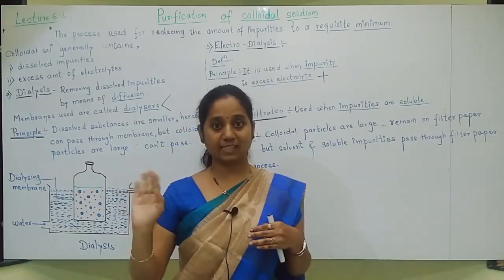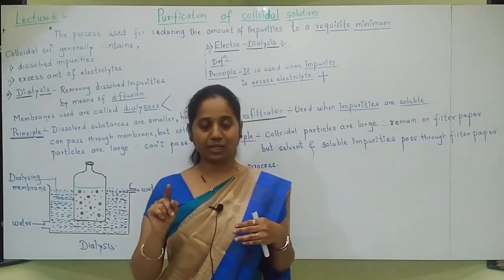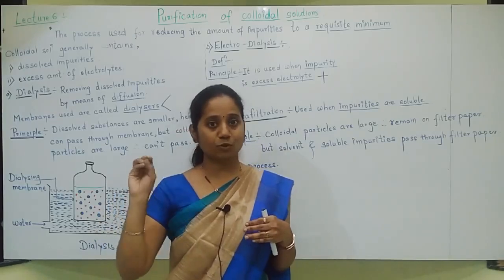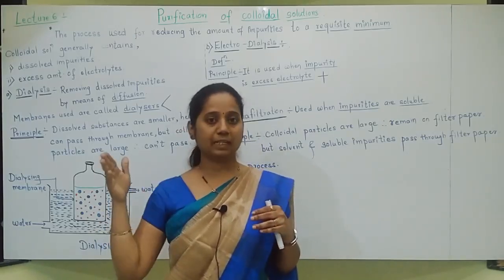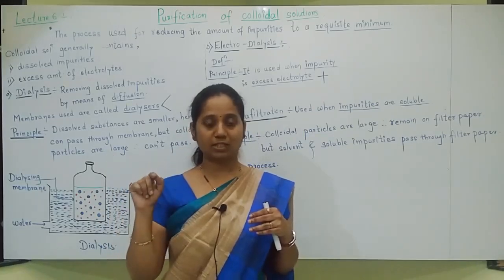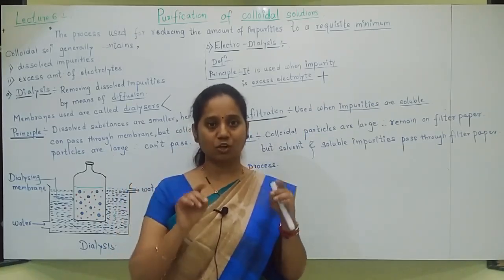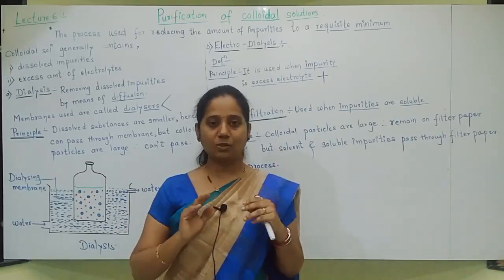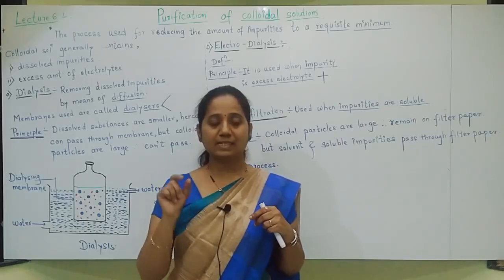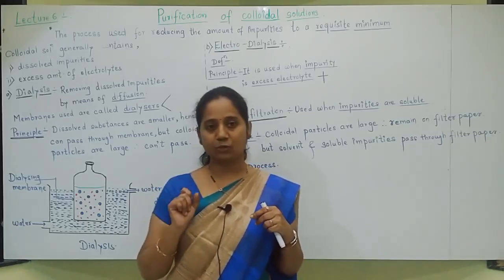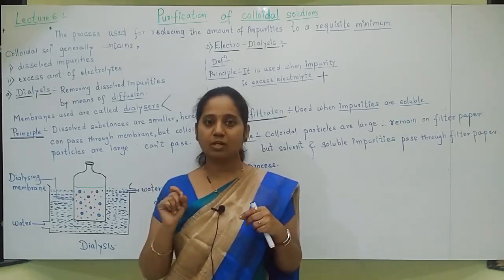That's why excess electrolyte should not be there, so only that excess amount should be removed. See students, we should not remove the complete electrolyte, because a small amount is required for stabilization of the colloidal solution, and this is called the requisite minimum. Try to understand the term. Requisite minimum means what?